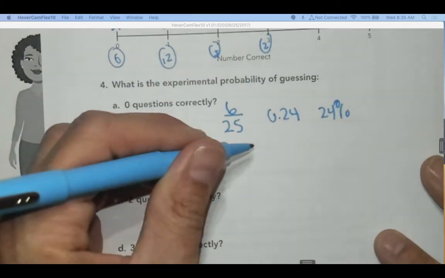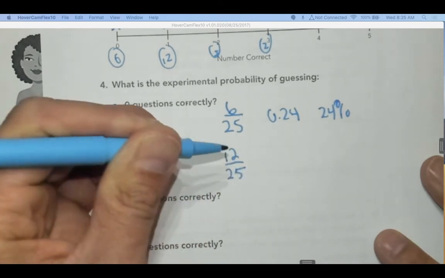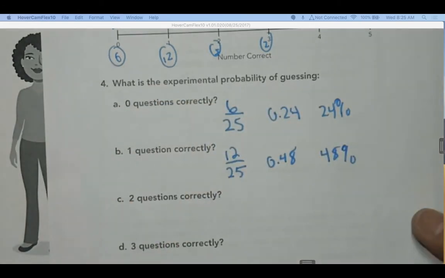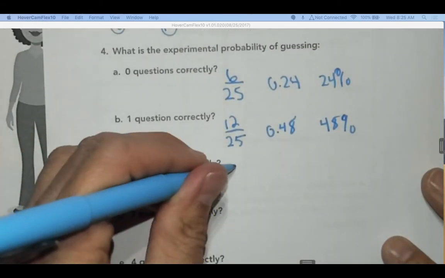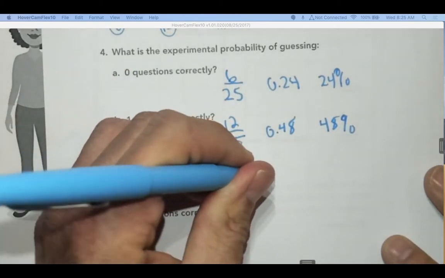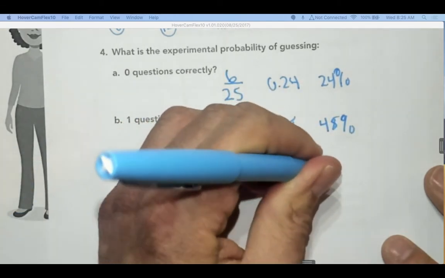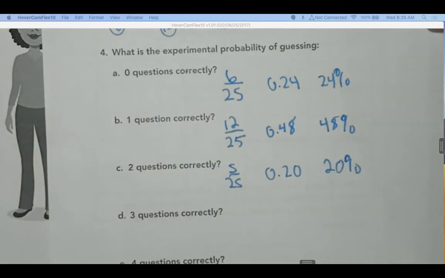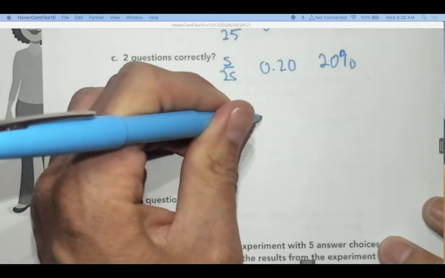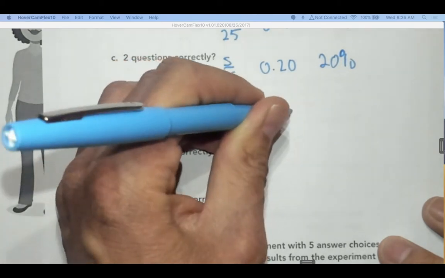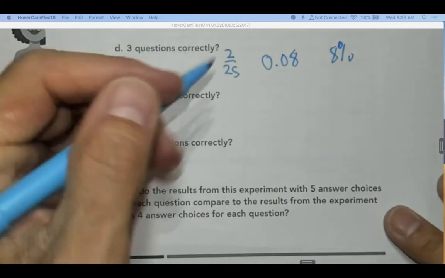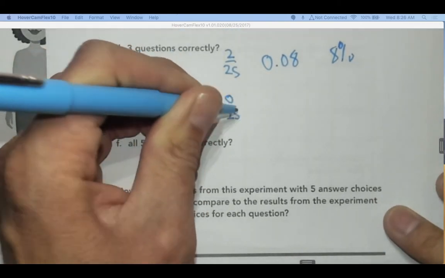One question correctly, 12 out of 25, which is the same as 48 hundredths, or 48%. 2 questions correctly was 5 out of 25, which would have been 20 hundredths or 20%. 3 questions correctly would have been 2 out of 25, which would have been 8 hundredths or 8%. 4 questions correctly would have been 0 out of 25, which is 0%.